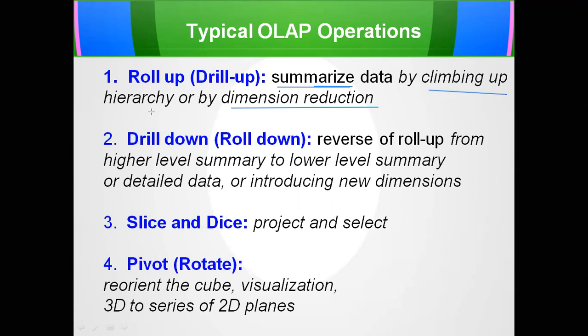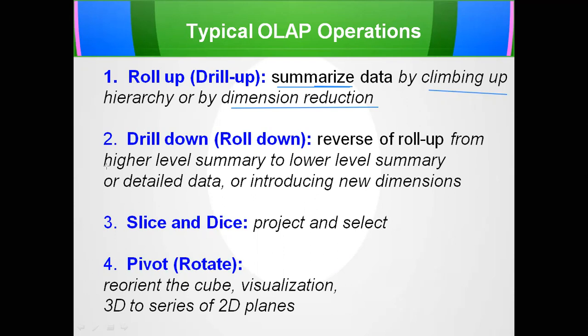So by taking the summation of all the cities for that state, you will get the more summarized data, right? So city-wise total summarized data, you can convert into state-wise data, right? Similarly, state-wise data, you can convert into the country-wise data and so on, right? So roll-up operation will give you more summarized data by applying some aggregate operations.